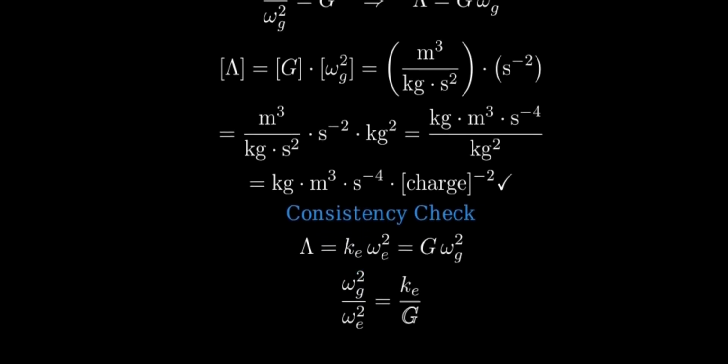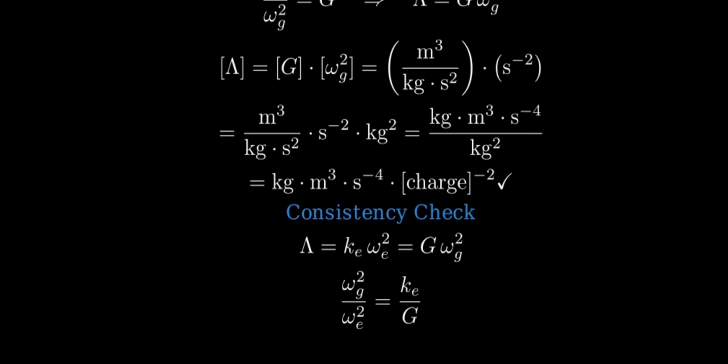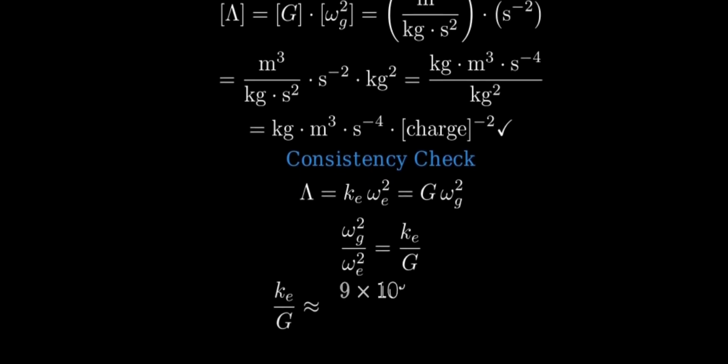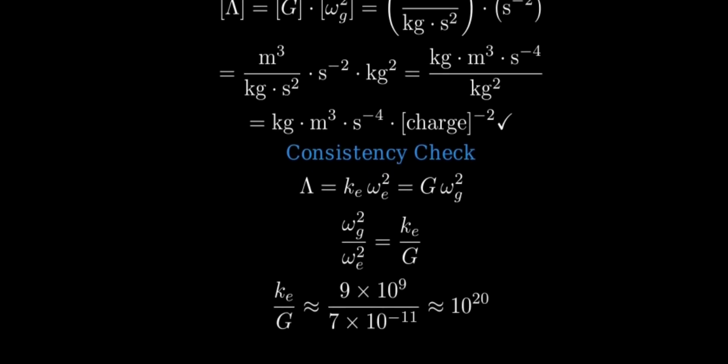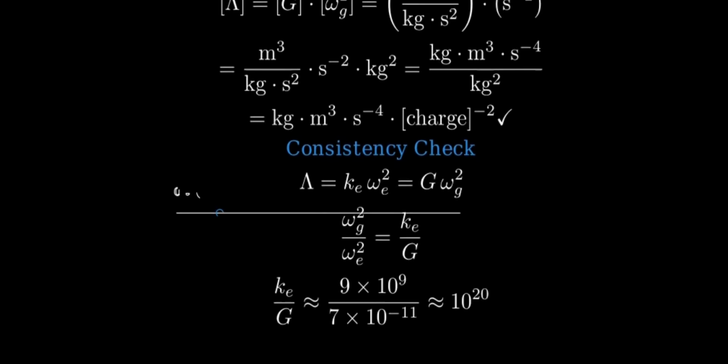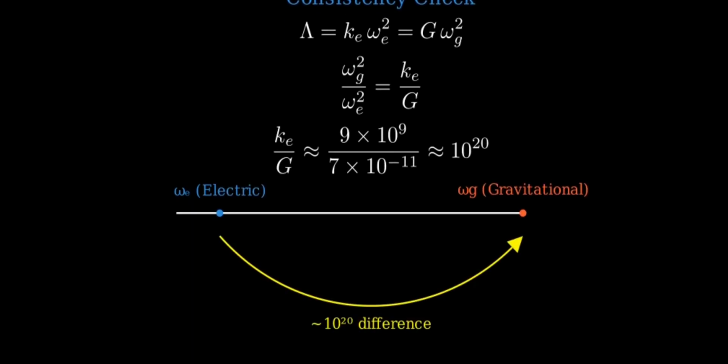Rearranging, we get the ratio of frequencies. Omega sub g squared divided by omega sub e squared equals k sub e divided by G. This fixes the relationship between the two characteristic frequencies. The gravitational frequency is much higher than the electrical frequency, since k sub e divided by G is approximately 10 to the 20th power. Let's visualize this on a frequency spectrum.